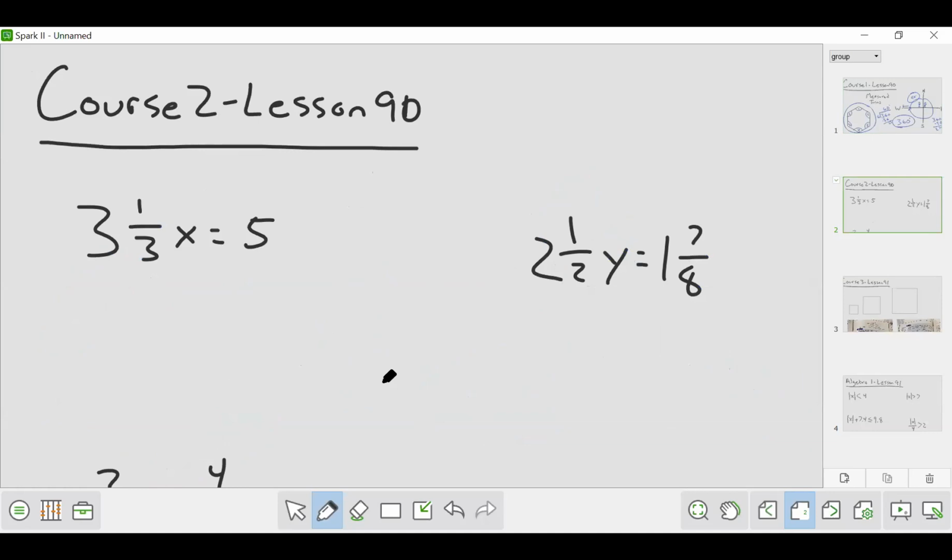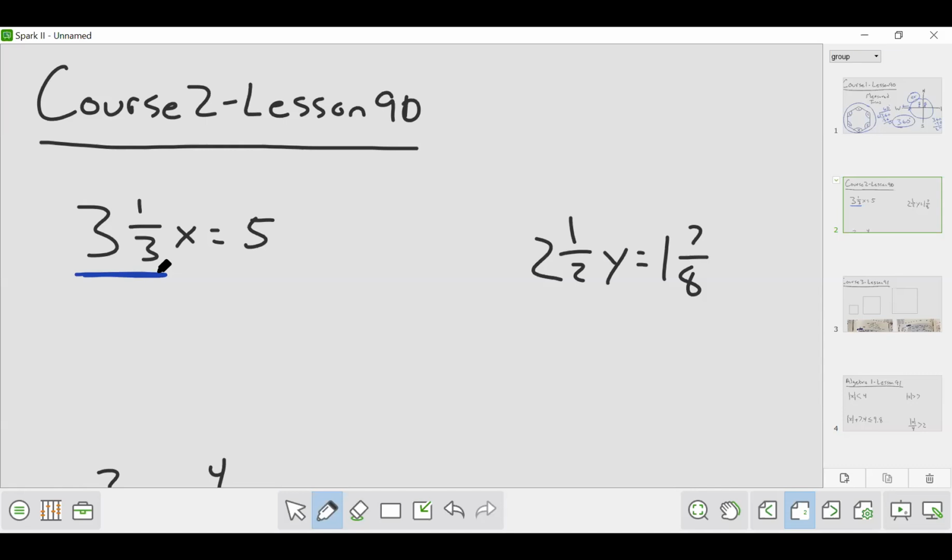Now your lesson today is more of the algebra. That is the reason I have you do things in a certain sequence or in a certain way, because it's getting to the point now where you have to use the process. And so the process today is figuring out how to solve these problems when I have mixed numbers like that.